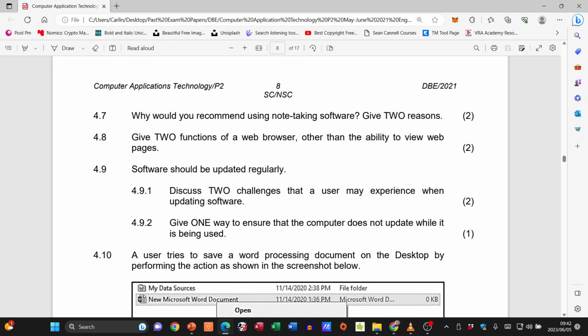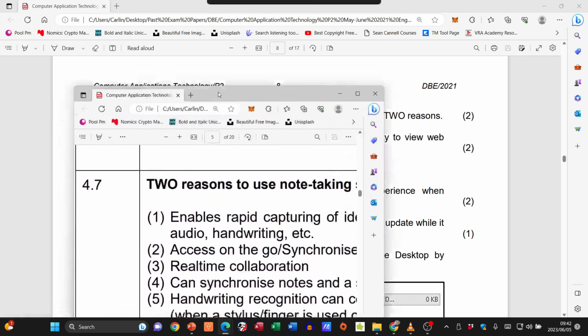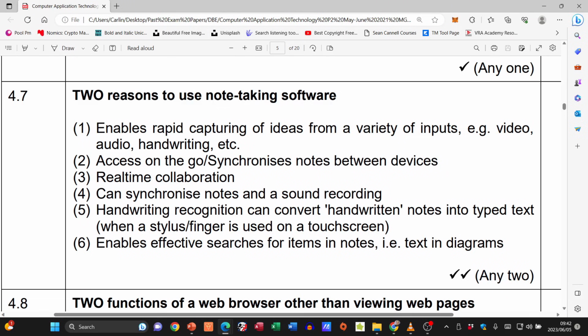4.7. Now I think for 4.7 and 4.8, they gave us a number of answers that I'm going to put up on the screen so you can see. They ask us here, why would you recommend using note-taking software? And we can really use any one of these options.